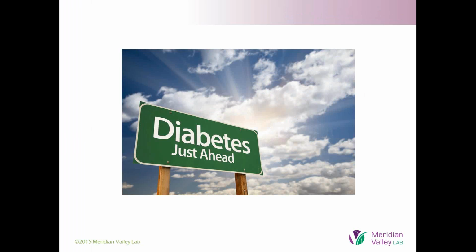So diabetes, in some circles, we're just going to wait until the problem develops. No, that's not the approach we're going to take at all. We don't subscribe to that in functional medicine or in naturopathic medicine or any of those disciplines.